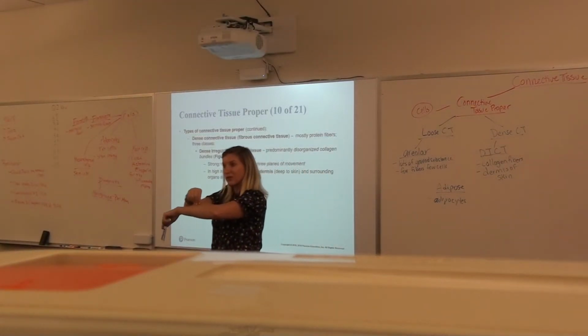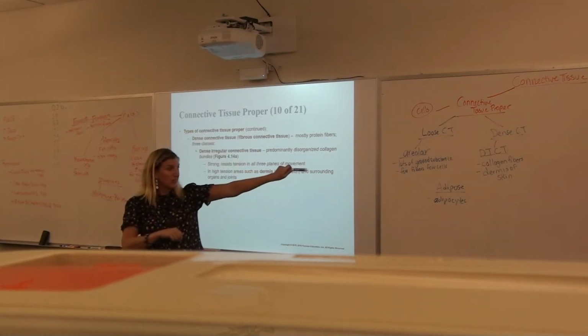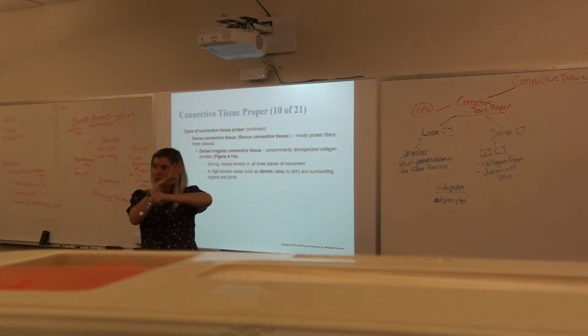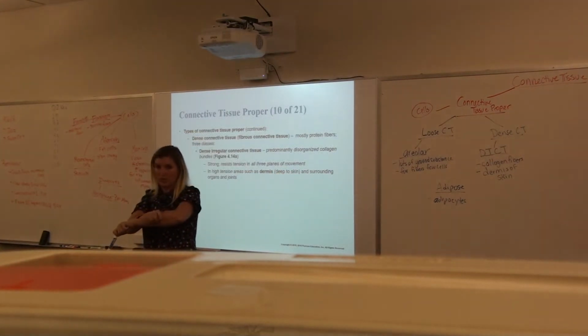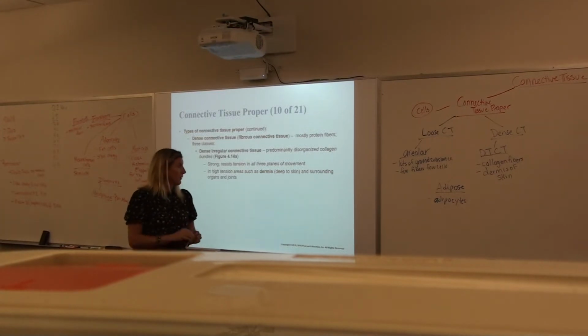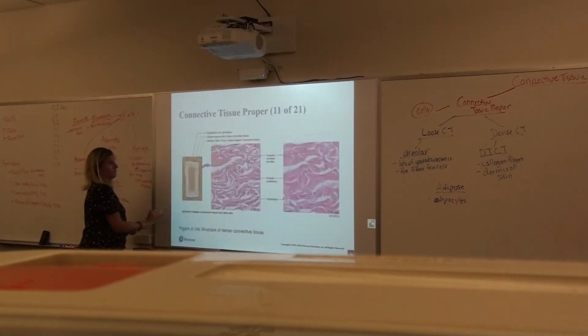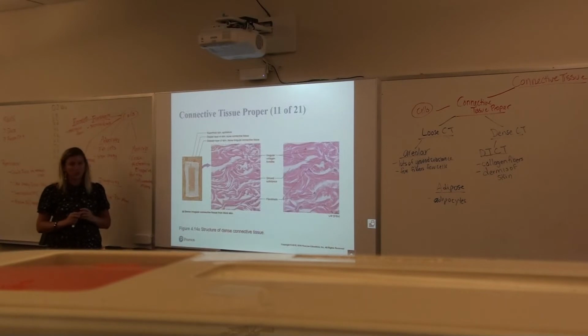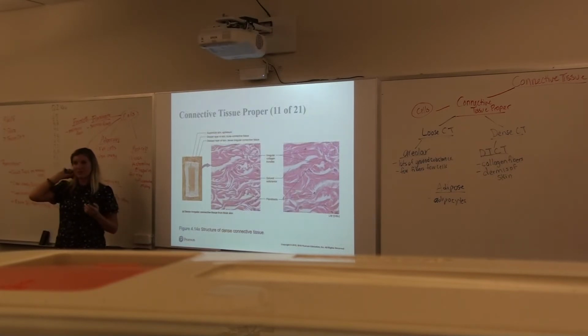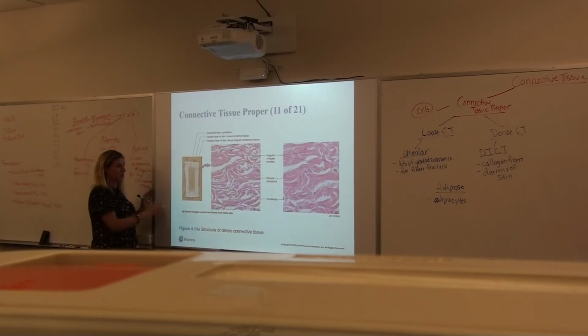Because you have dense irregular connective tissue there, which has lots of collagen, which resists tension, holding that skin down and keeping it in place. So there's dense irregular connective tissue. Fibers going in all different directions. You'll see a sprinkling of cells in there. Those cells are fibroblasts, but mostly what you're going to see are those pink wavy lines, which are the collagen fibers.